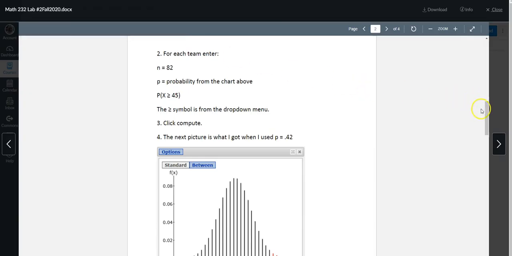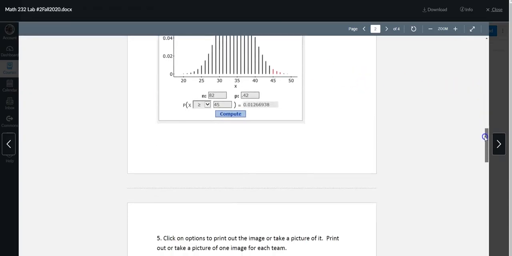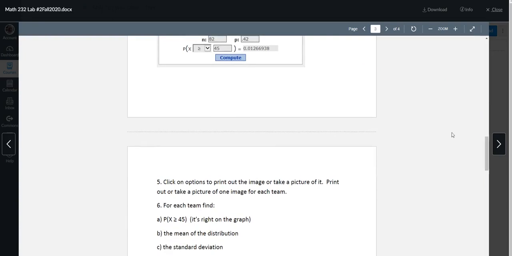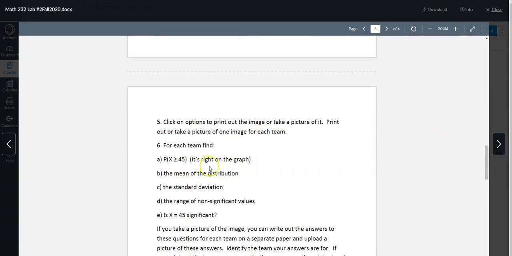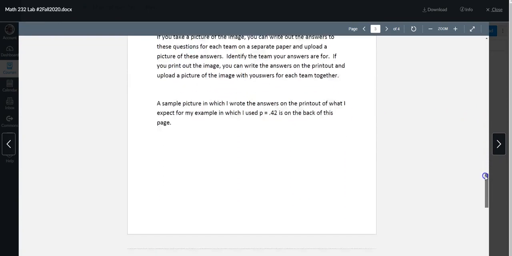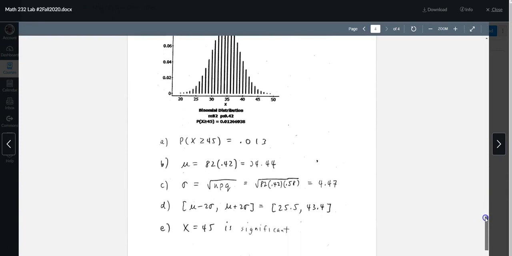So let me see what my instructions say. Okay, so you want to print out that image or take a picture of it. You want to do one for each team. And the questions ask, find the probability that X is greater than or equal to 45. So for part A, that answer is that 0.013. Now to calculate the mean of the distribution, down here I have a little picture of how I calculated that.